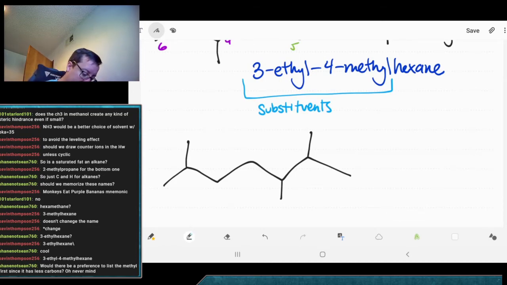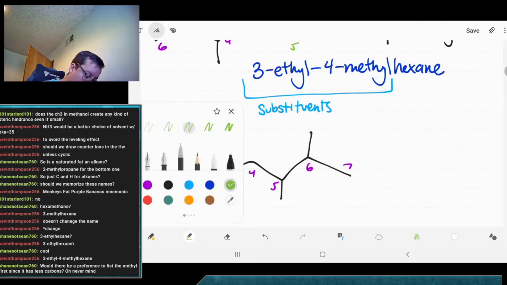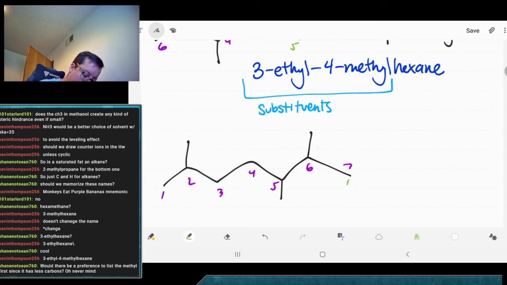Our options, or... And this will also show you what to do when you have multiple of the same substituent.